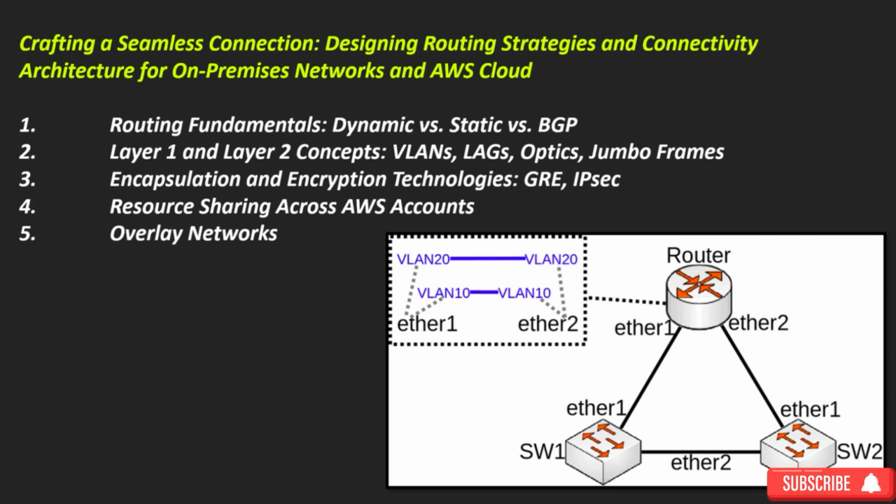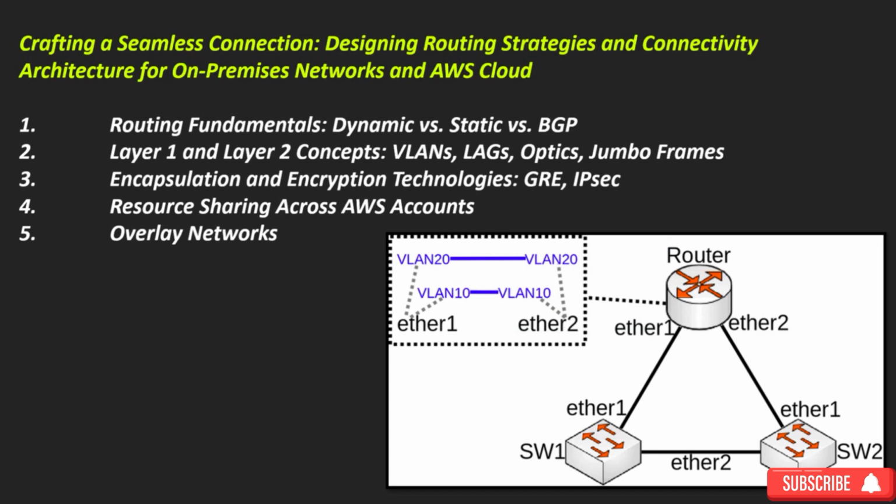What are dynamic versus static versus BGP? Routing forms the backbone of any type of network, and choosing the right routing strategy is pivotal for efficient communication between on-premises networks and the AWS cloud. So understanding the nuances of dynamic routing protocols such as OSPF or BGP, compared to static routing, is a very essential part here.